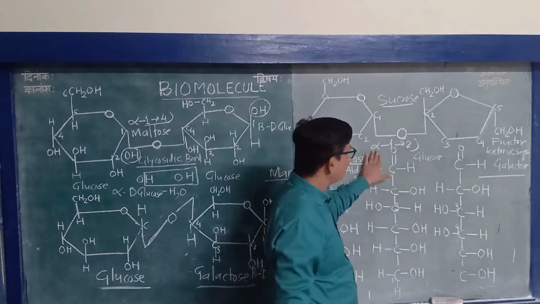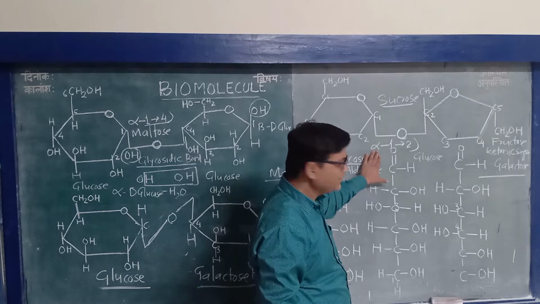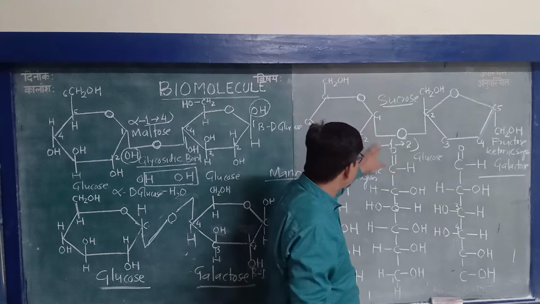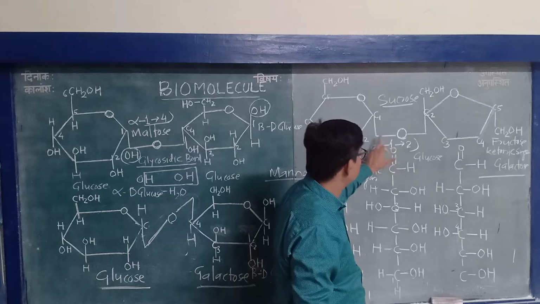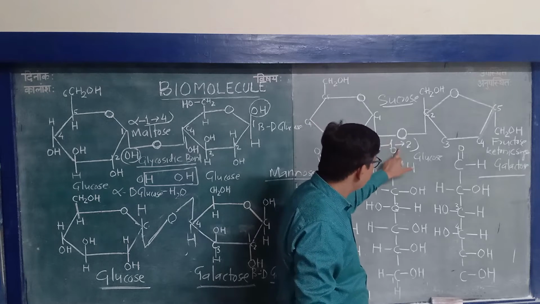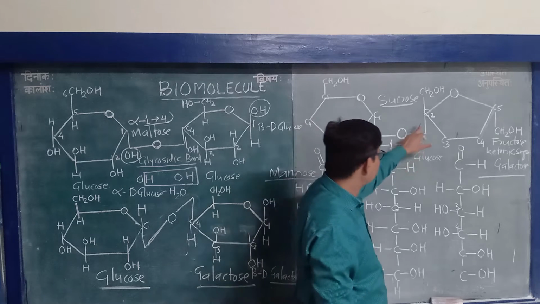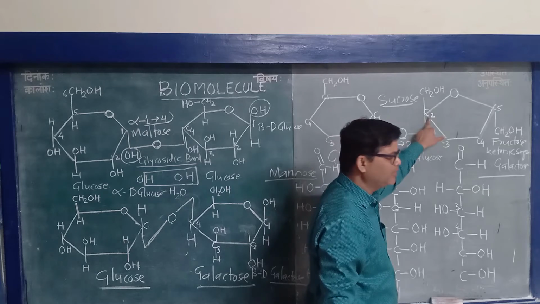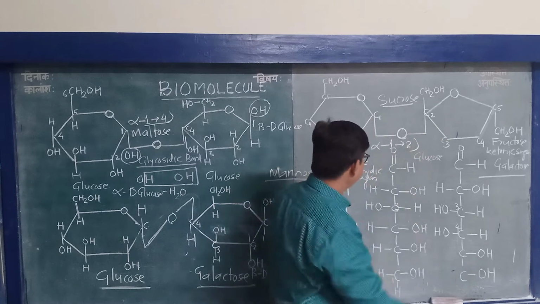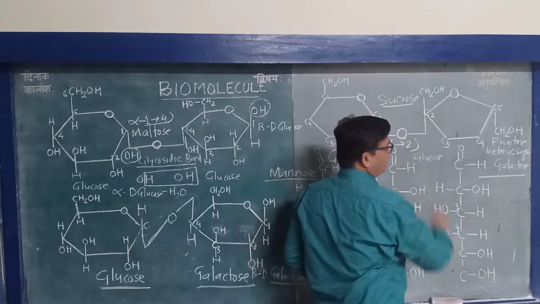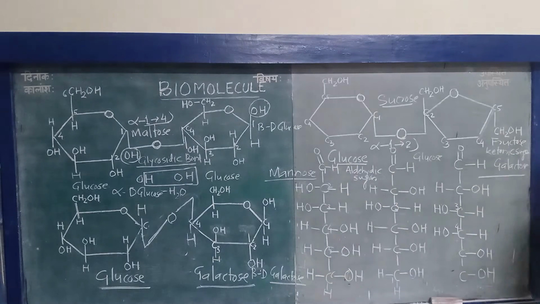What do you mean by alpha 1 and 2? It means the carbon number 1 hydroxy group makes a chemical bond with the hydroxy group present at carbon number 2, and then it will make a glycosidic bond.